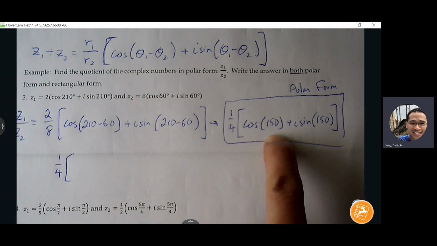We know that 150 is in that pi over, or that 30-degree reference angle.